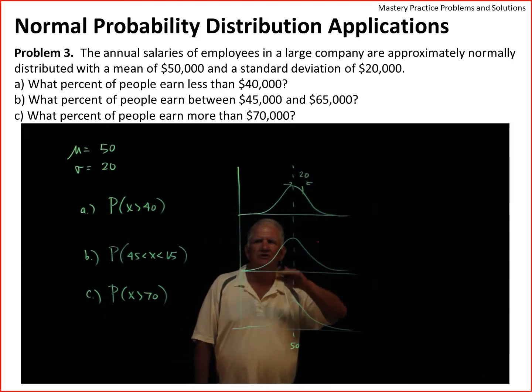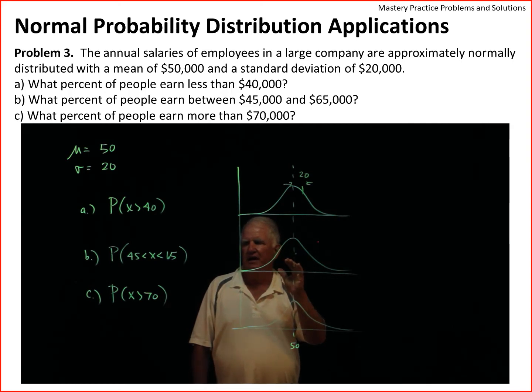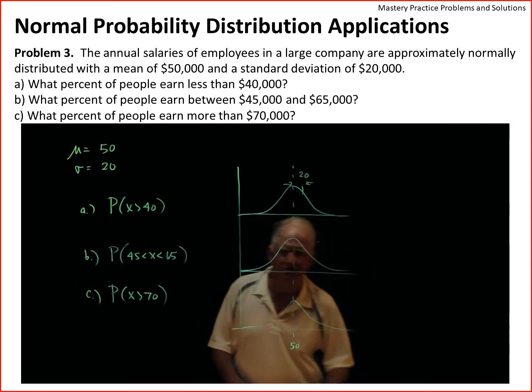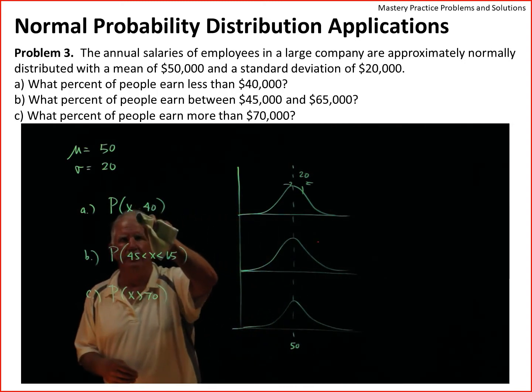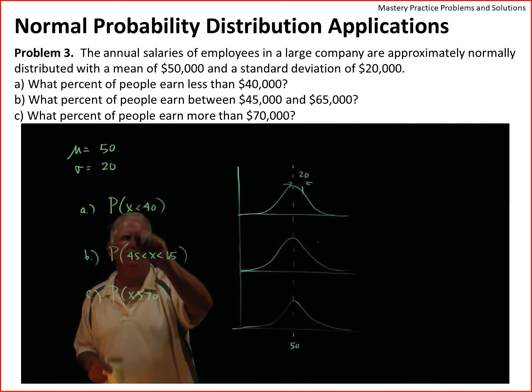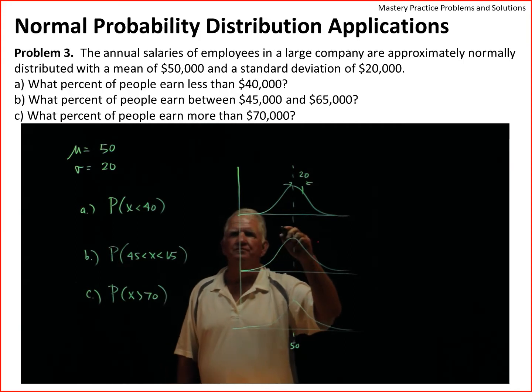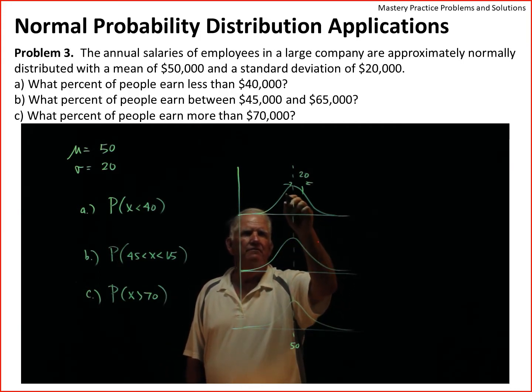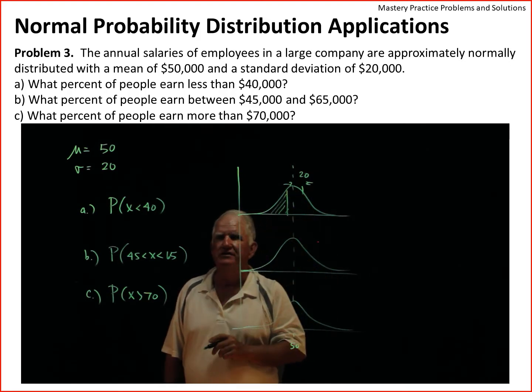First one says, what's the probability that X is... I think I've got that wrong. I think the problem asks for X less than 40. Okay? So this is 50. 40 is about right here. Let's go find this area.